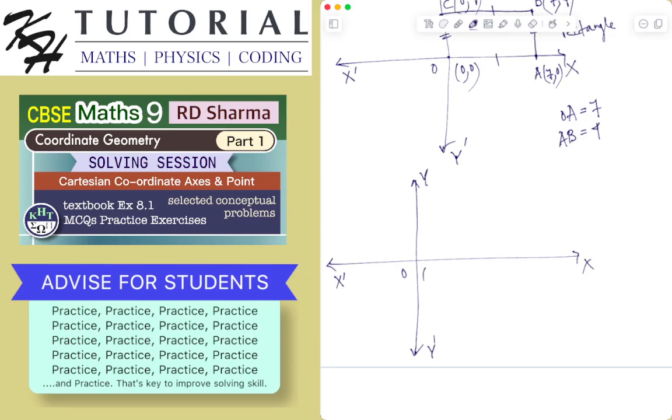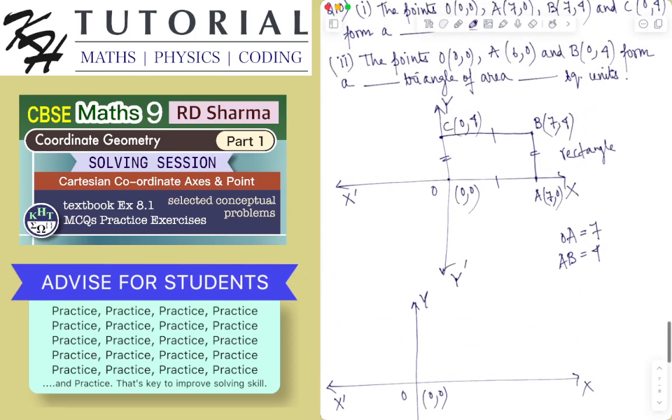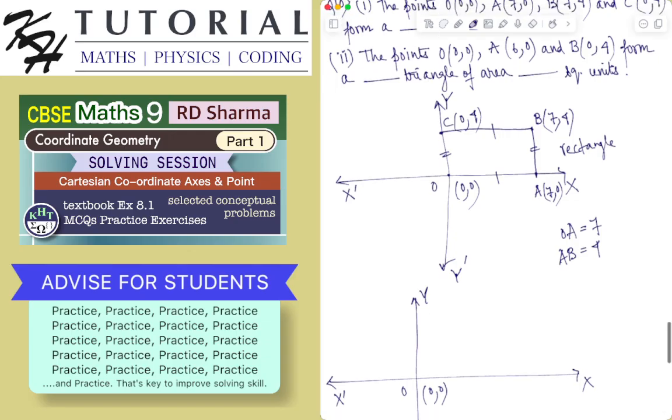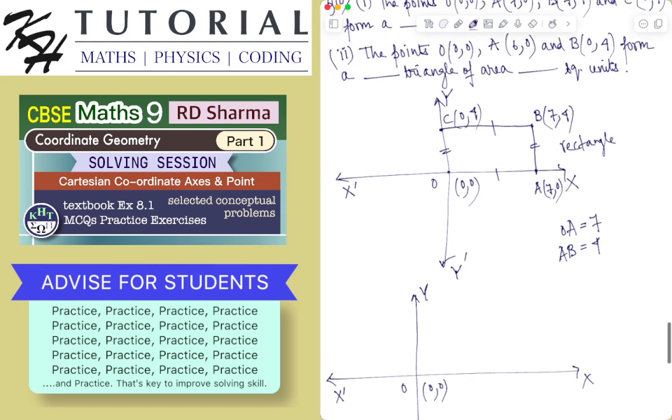So O is the origin having coordinates (0, 0). We have the point A as (6, 0). Ordinate 0 means it will lie on the x axis, and the abscissa is 6, which is positive, so it will be at a distance of 6 units from the y axis towards the positive direction of the x axis. So let's say this is the point A (6, 0).